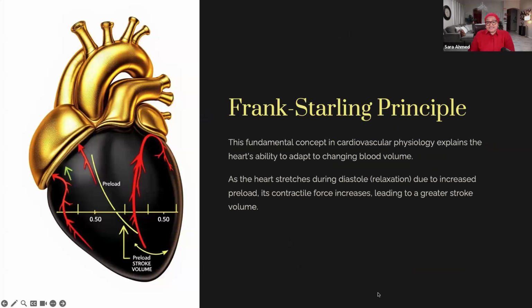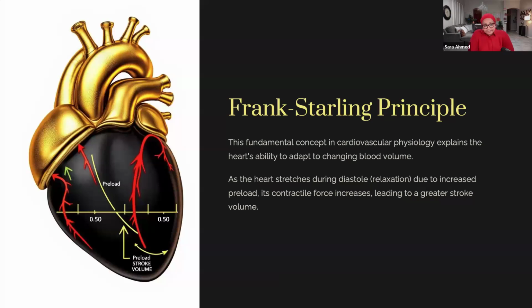So I thought these terms and these concepts or definitions needed to be mentioned and explained, because you will come across them repeatedly, okay, when you are studying diseases of the cardiovascular system.